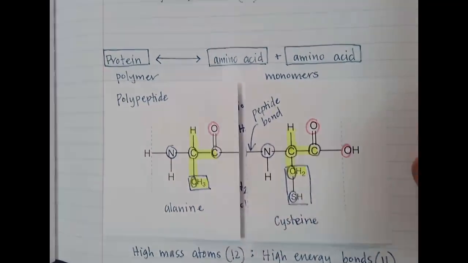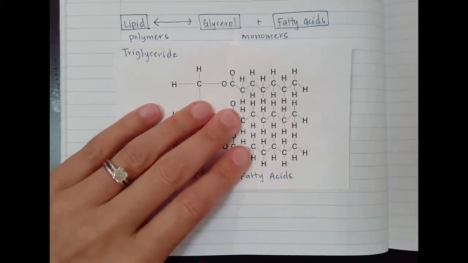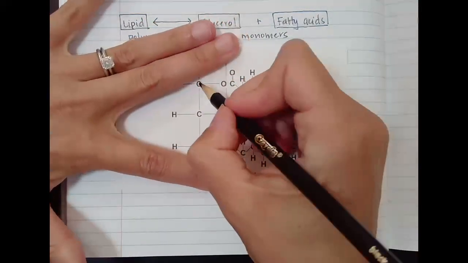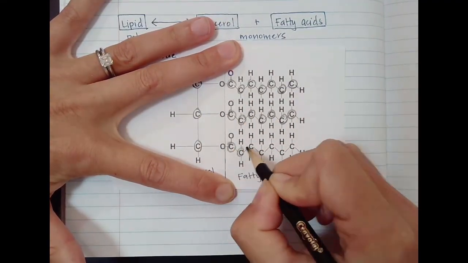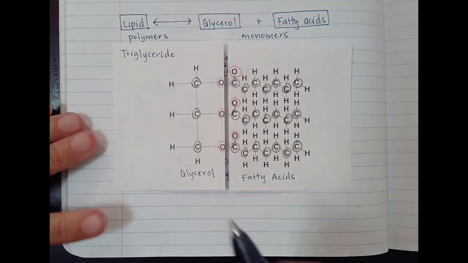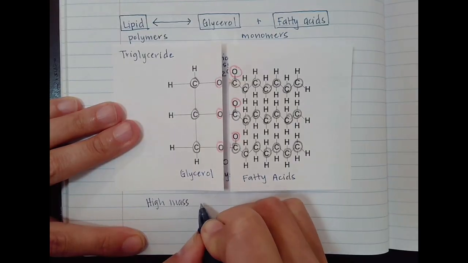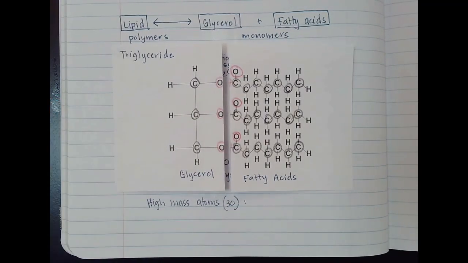Last, let's look at our triglyceride. This one has a lot more stuff. So I'm going to count in my head as I circle. All right, I counted 30 high mass atoms. Now let's count those high energy bonds.